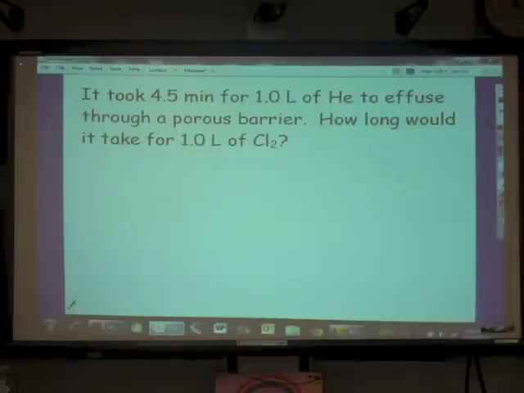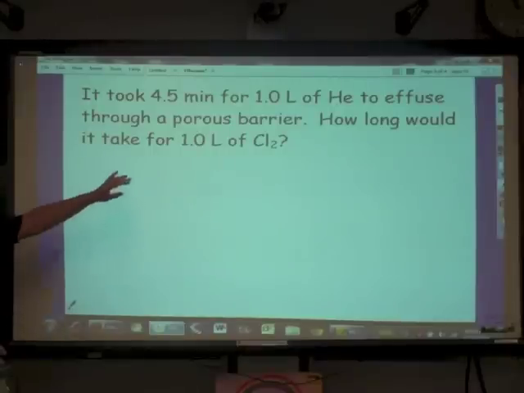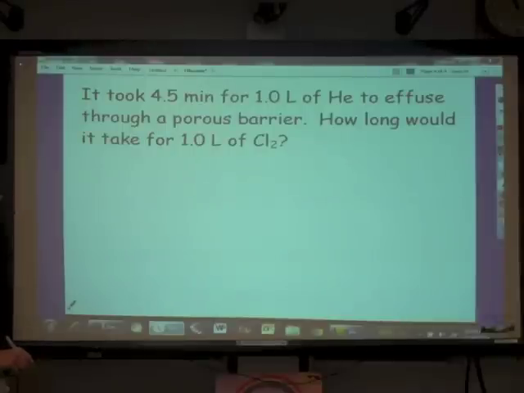It took 4.5 minutes for a liter of helium to effuse through a porous barrier. Porous meaning that it has little tiny holes, like a balloon. How long would it take for 1 liter of chlorine gas to effuse through that same barrier, if it took helium 4.5 minutes?